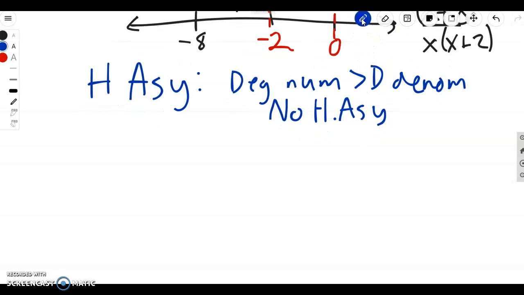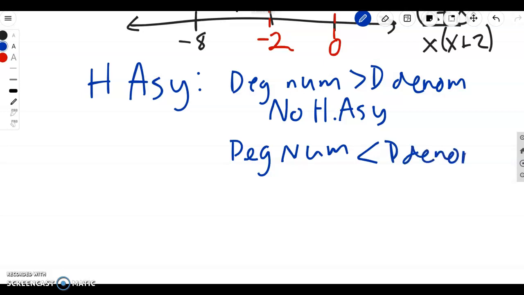If instead the degree of the numerator is less than the degree of the denominator, that means the horizontal asymptote will always be the equation y equals 0.